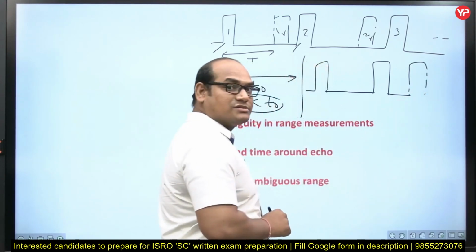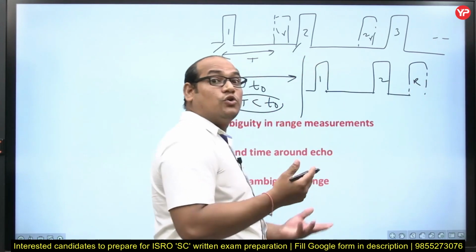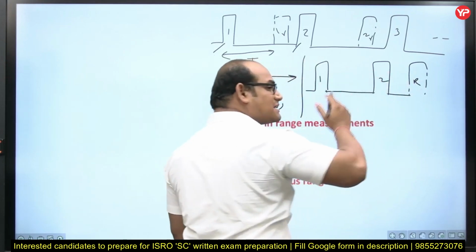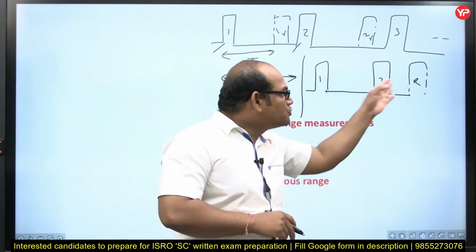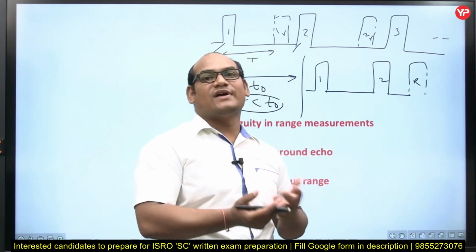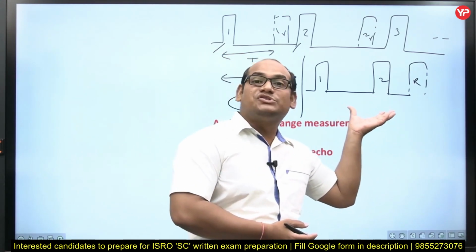This is the first one, this is the second one. Now it is the reflection, but we don't know whether it is the first pulse reflection or the second pulse reflection. If you consider it for the first pulse, but it is due to the second pulse, and you calculate the distance, you will get the wrong value. Like that, some confusion will be there.